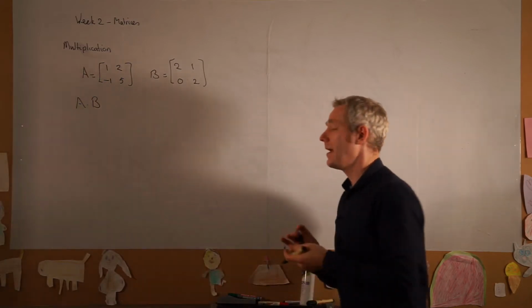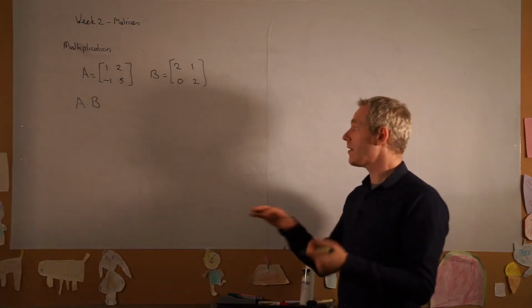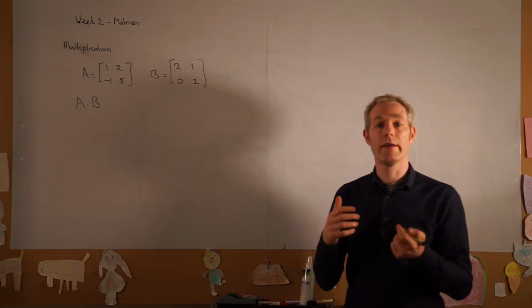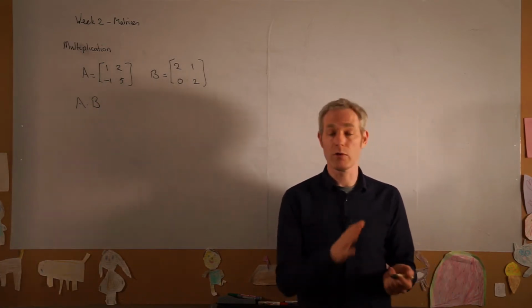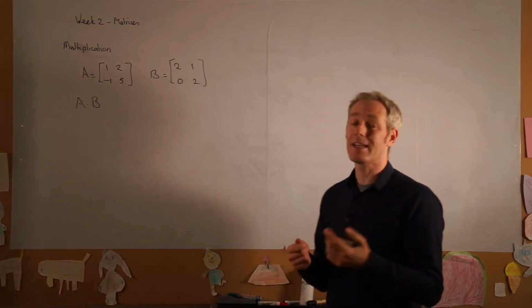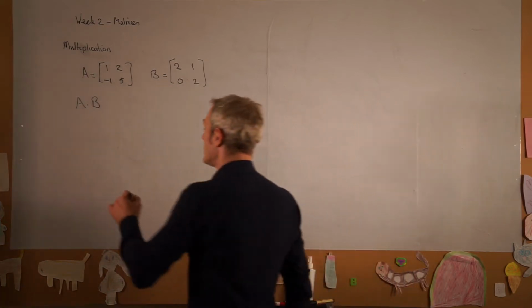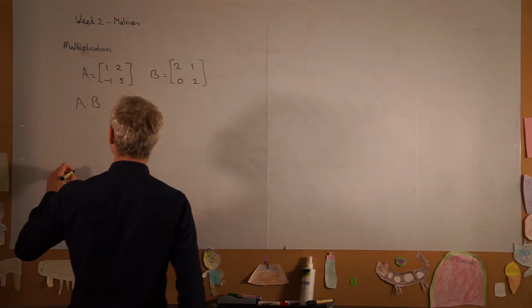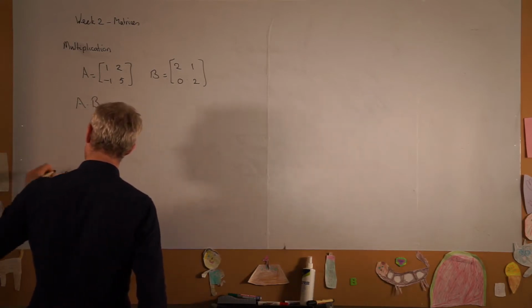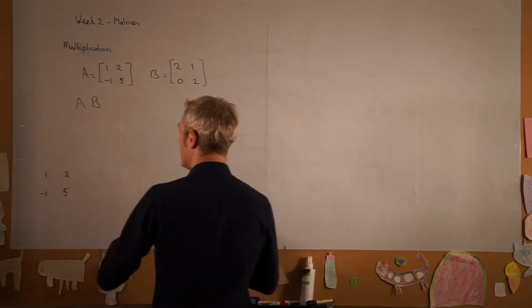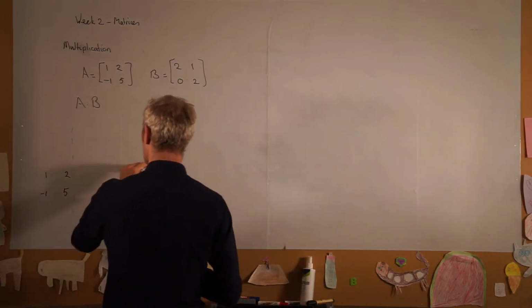something different. Now, there are many ways of writing this down, and I will show you my way, which is not necessarily the way. The book will probably show you a different way, but this helps me visualize it. So if I take A, I'll give myself a bit more space. 1, 2, minus 1, 5, and I have this imaginary set of lines here.